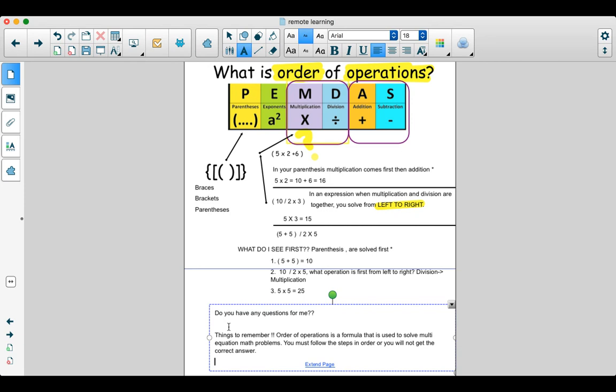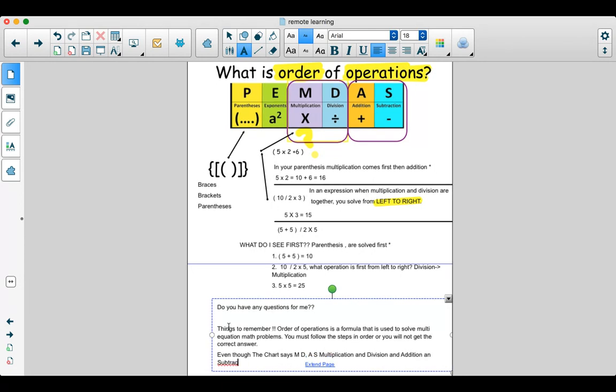Something else to remember. Even though the chart says MD and AS, multiplication and division, and addition and subtraction, work together.